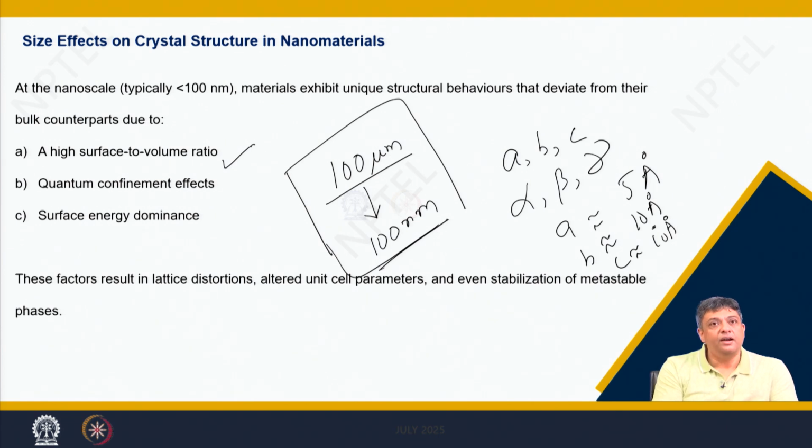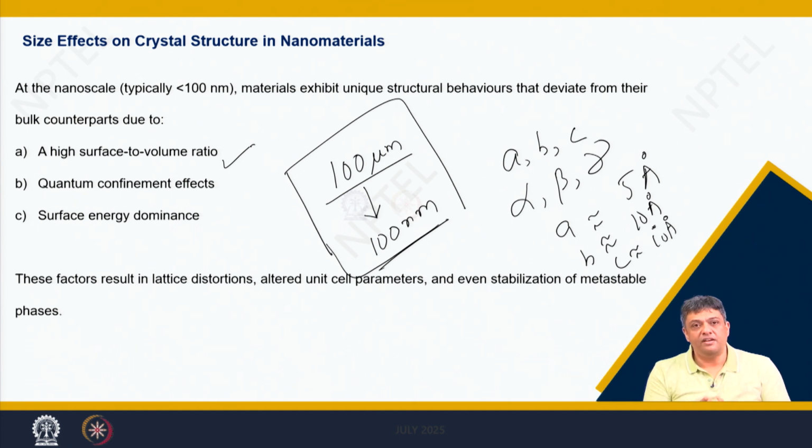You will find that the property variation is driven by the fact that there is a change in surface to volume ratio, there are quantum confinement effects, and the surface energy dominates.